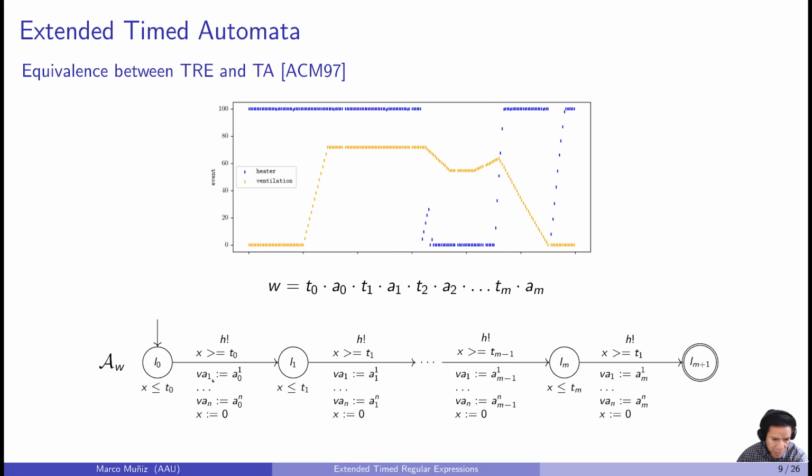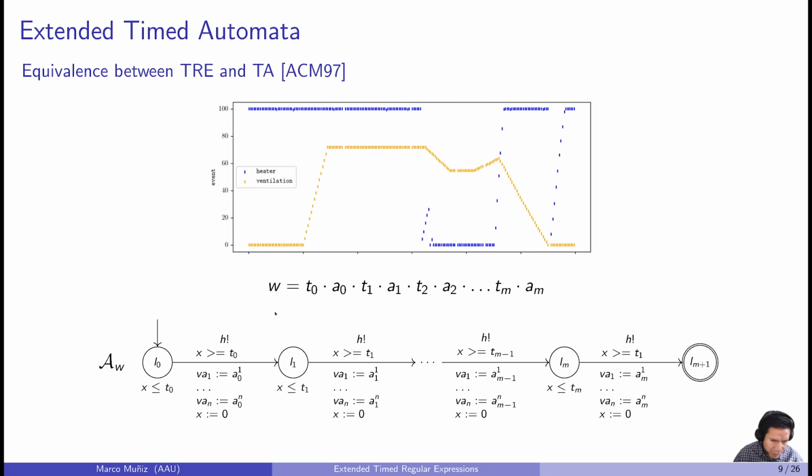So an extended timed automaton has discrete variables. In this case, these are real value variables, one variable per channel. So in this case, heater and ventilation, we will have only two discrete variables to store these values. We have clocks, and we have synchronizations. If we observe this word, the first part is a duration, a delay, and then the event.